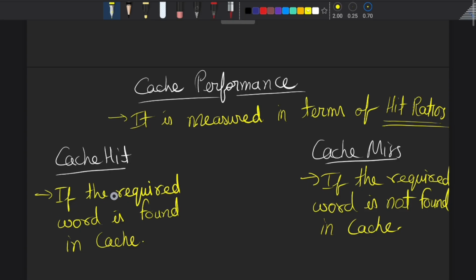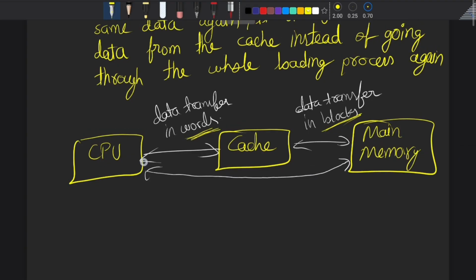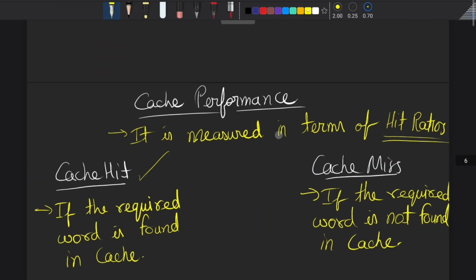If the required word is found in cache, it is known as a cache hit. Like here we were discussing that if the CPU finds the word in cache, it fetches it and processes it. So when we look for a word in cache and we find it, it is known as a cache hit.